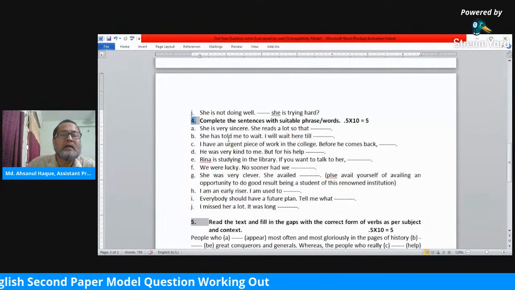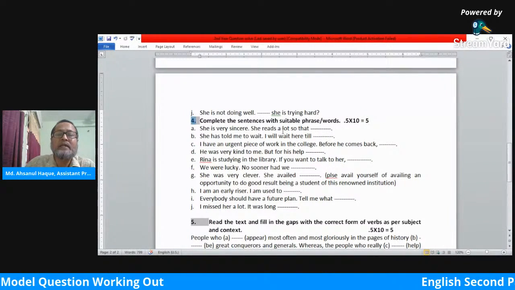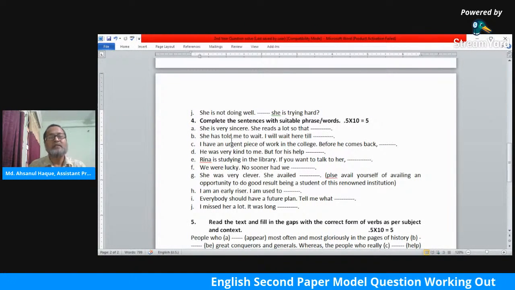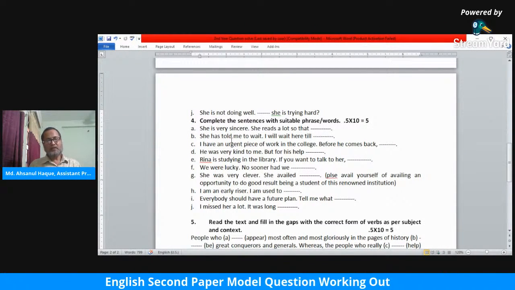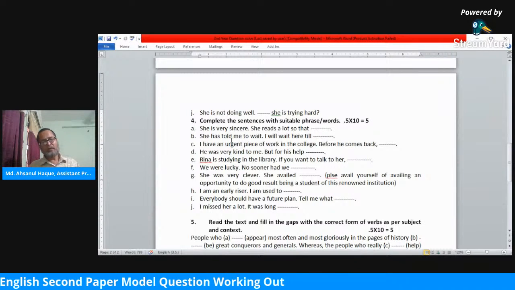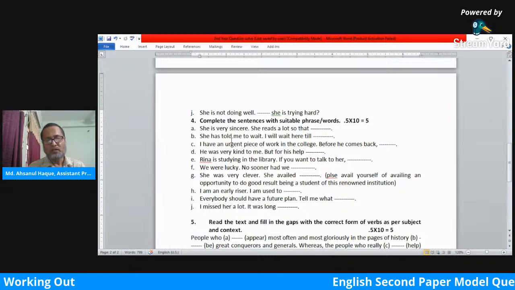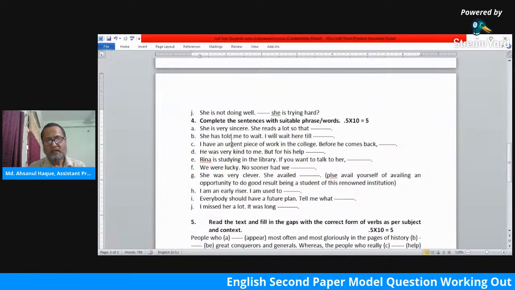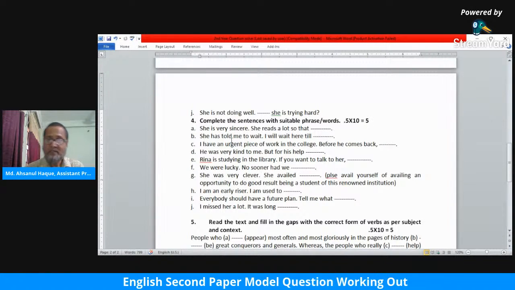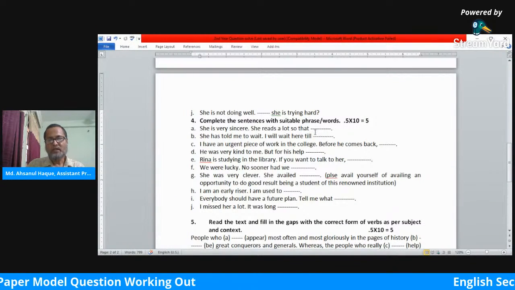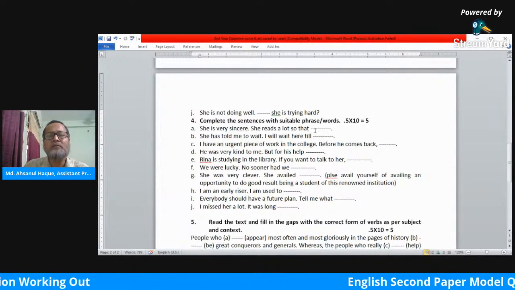Question number 4. Complete the sentences with suitable phrase or words. She is very sincere. She reads a lot so that she can do well, so that she can shine in life.